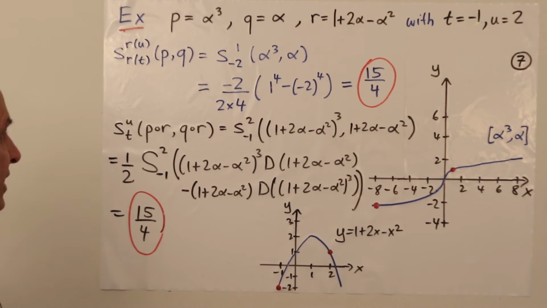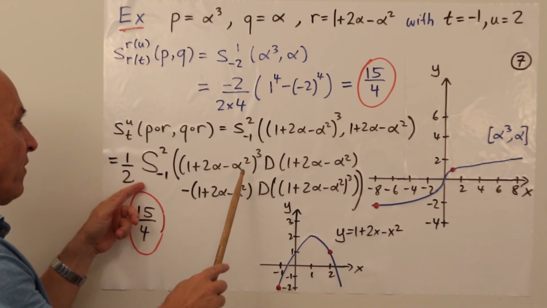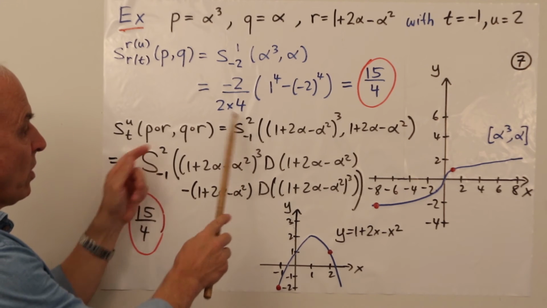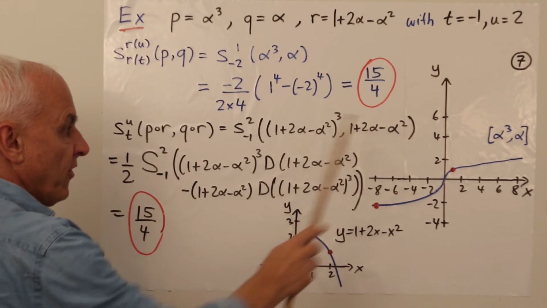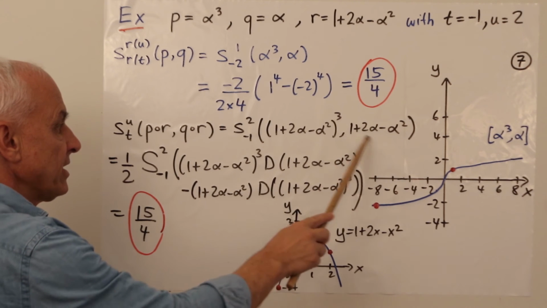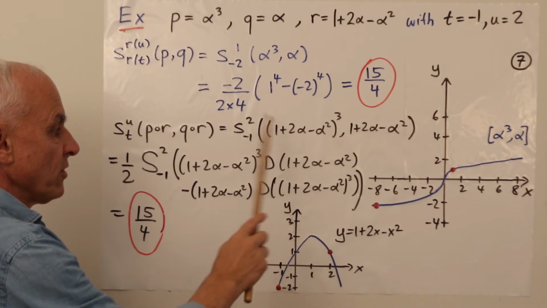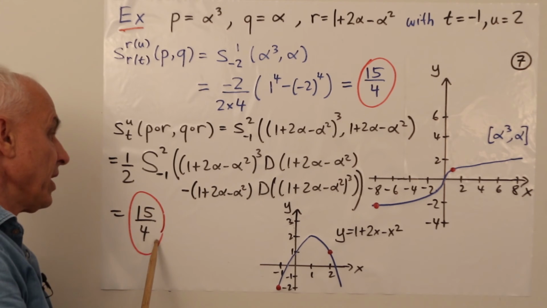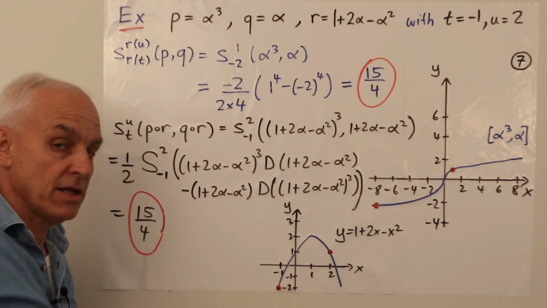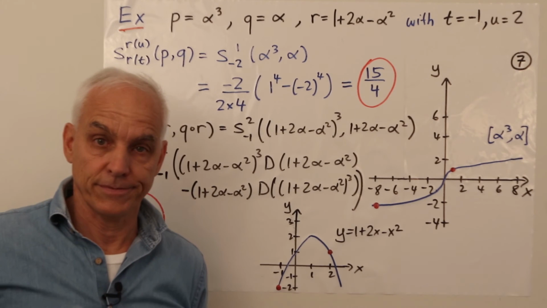Okay, so we calculate this. This is going to be 1/2 of the Faulhaber integral from minus 1 to 2 of this quantity times the derivative of the second one minus the second one times the derivative of the first one. And when we calculate that, not surprisingly, we get 15 over 4, as the formula tells us we should.